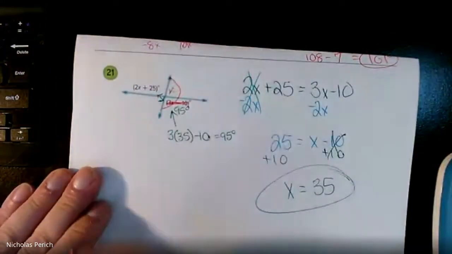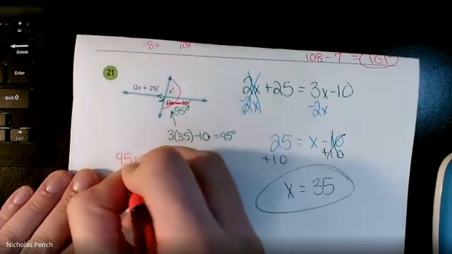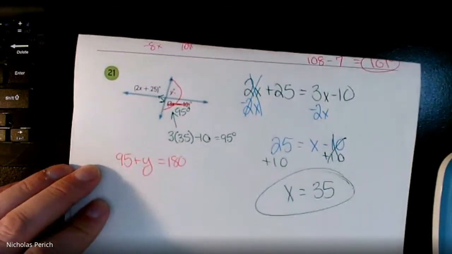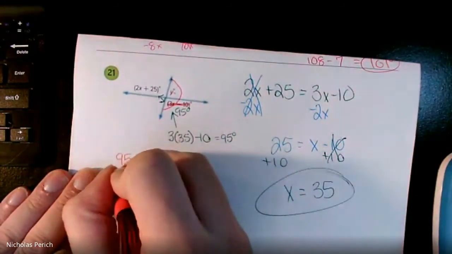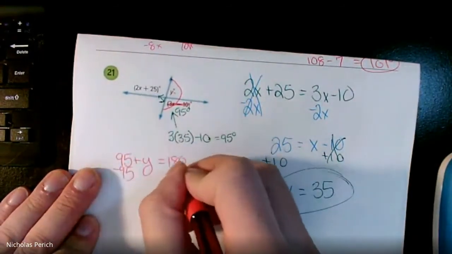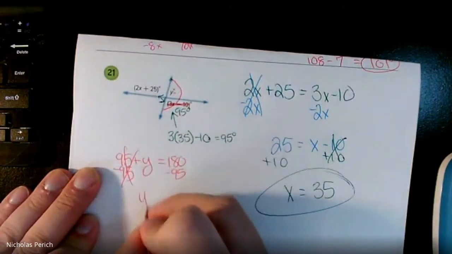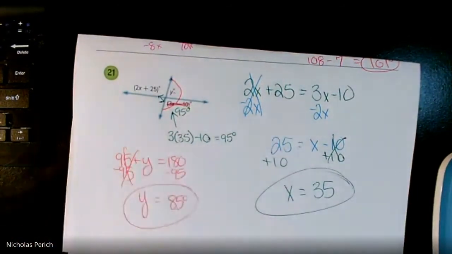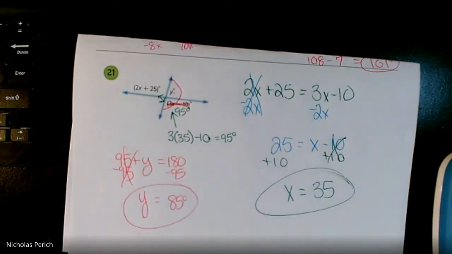So I could say 95 plus y equals 180. Subtract 95, cross out. y equals 85 degrees. Or just 85, I guess I can say.